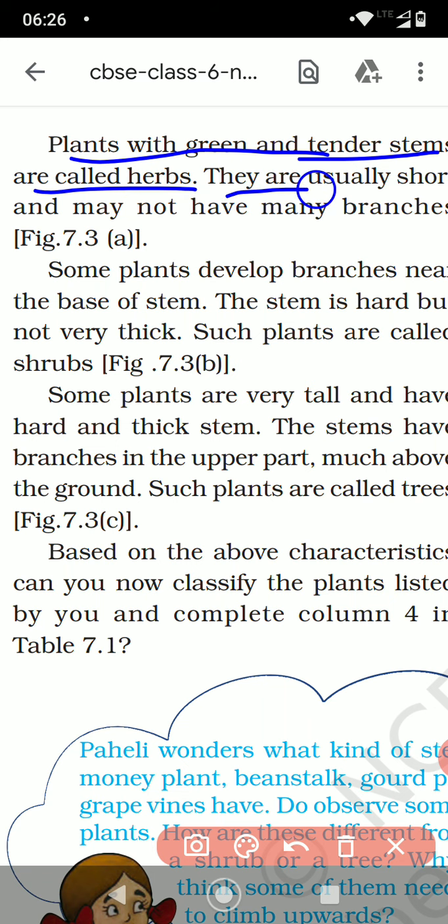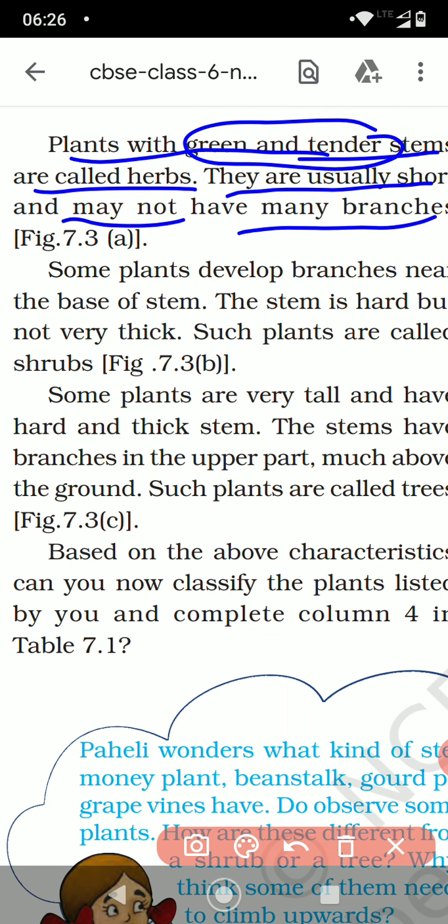They are usually short and may not have many branches. So the stem will be green colored and it will be tender. Okay, tender means soft, right?